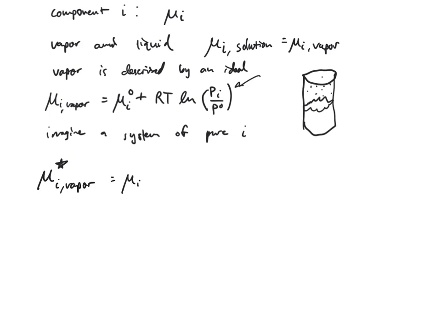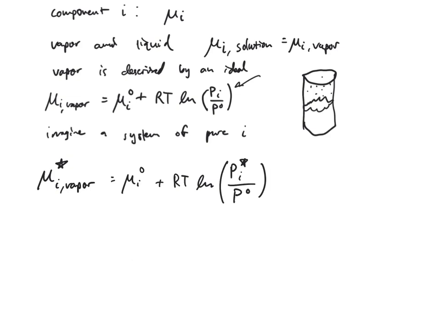This is going to equal the chemical potential of the substance in the standard state plus RT log whatever the vapor pressure would be for that tank of pure substance, P star I over P naught, like so. Okay?